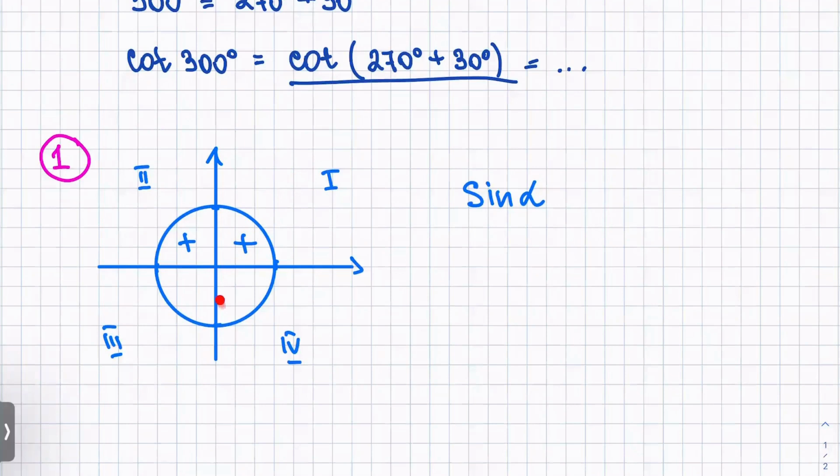Correspondingly, we may see that in the lower half all the y values are negative. That means the sine function in the third and fourth quadrants will also have negative values.